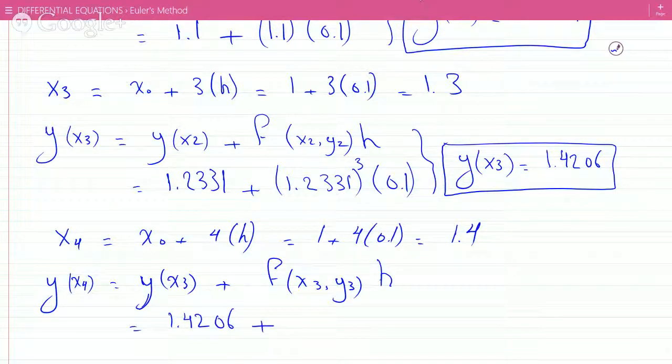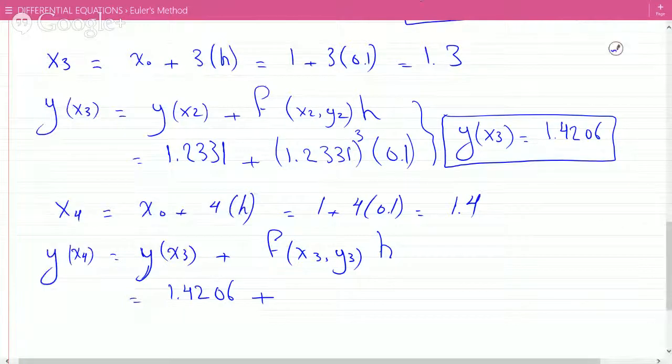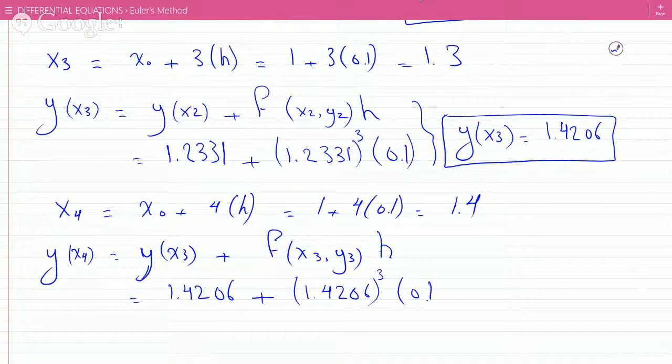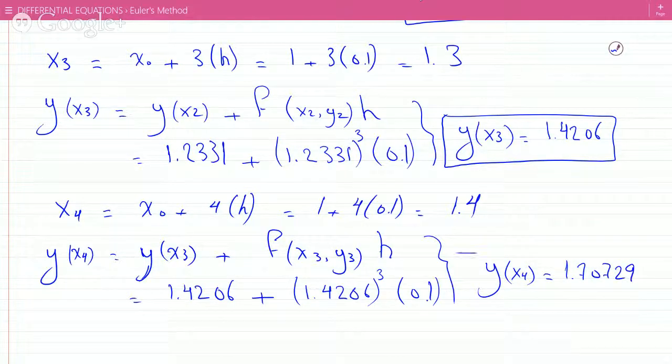this, we plug into the original function y equals x cubed, so you're replacing x with 1.4206 cubed times 0.1, and we get y of x4 to be 1.7073, actually 1.70729.